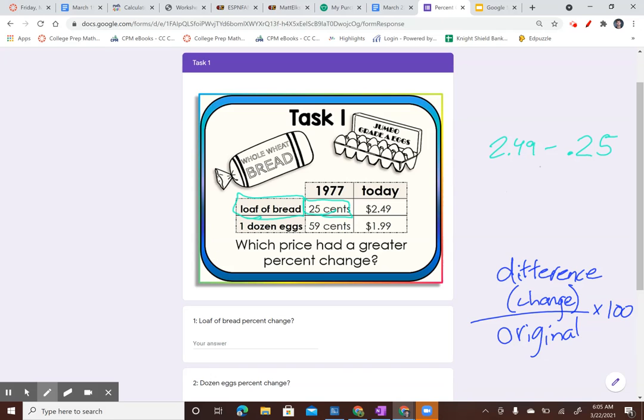And so when I do $2.49 minus 0.25, that's going to give me $2.24. So $2.24 over the top of my original, which was 25 cents back in 1977.